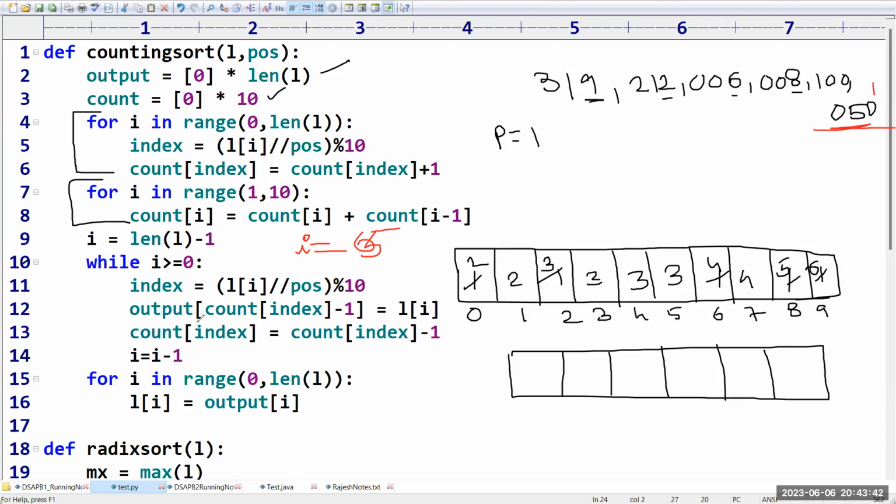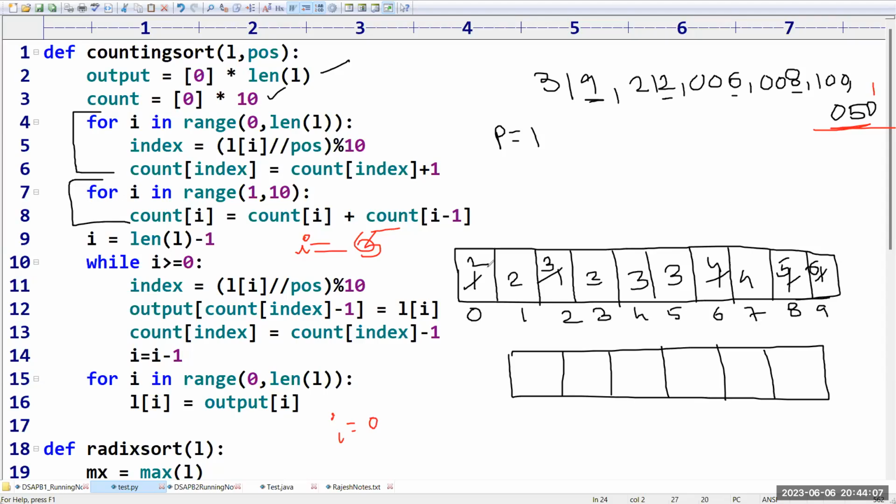Now output of count of index. Count of index value is what? The index value we got here comes from L of I, that is 50. 50 percentage 10 means we will get 0 only. So your index value is 0. Count of 0 is nothing but 2.